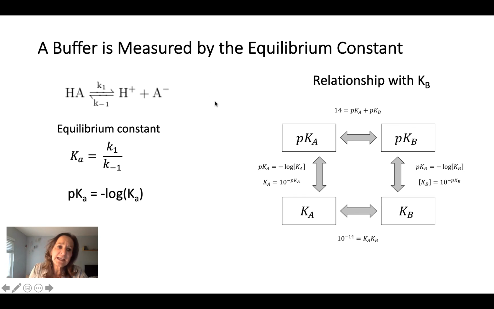If the Ka is small, then the reaction is going to be more skewed to the weak acid side of it. So with a high Ka, the reaction is skewed to the weak base side of it. With a low Ka, it's skewed more towards the weak acid side of it.